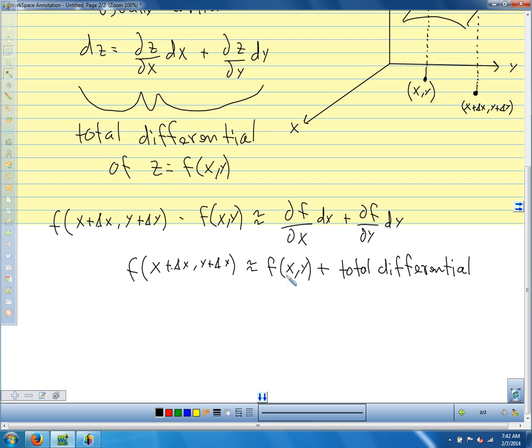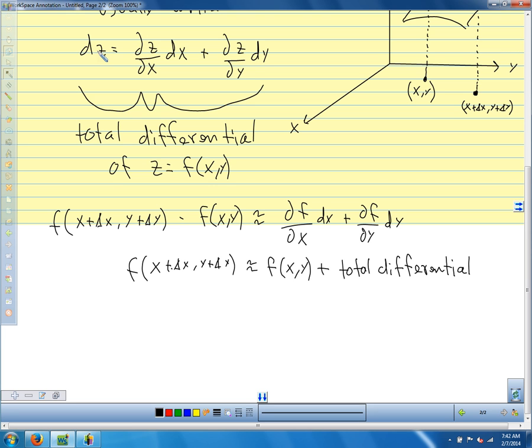So that's one place that we use a total differential: as a way to approximate our surface and the change. We can also use a total differential to calculate error. If delta x and delta y represent an error in measurement of a particular value, we can use the total differential to figure out how much the quantity might change due to that error.